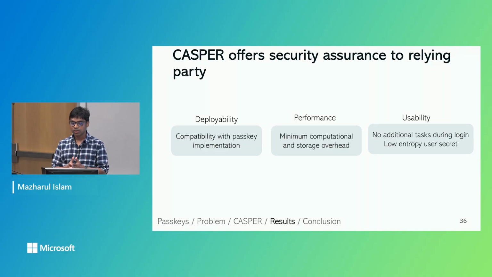It is also user friendly, because apart from the first step where we need to identify the real detection secret, everything is invisible to the user. They don't need to change their daily login behavior, and the user secret that we use to do the detection only has to have low entropy.